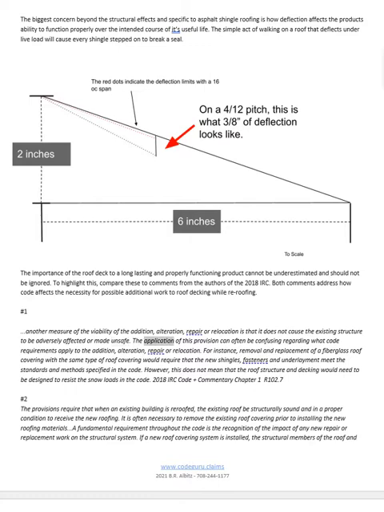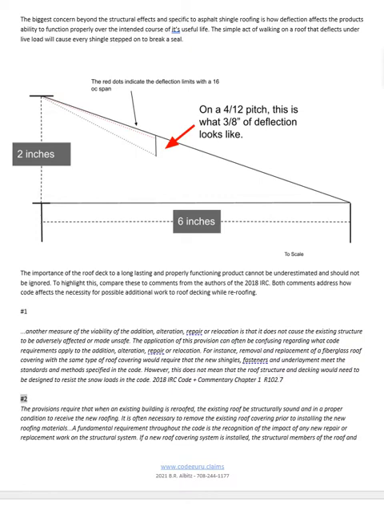The application of this provision can often be confusing regarding what code requirements apply to the addition, alteration, repair or relocation. For instance, removal and replacement of a fiberglass roof covering with the same type of roof covering would require that the new shingles, fasteners and underlayment meet the standards and methods specified in the code. However, this does not mean that the roof structure and decking would need to be designed to resist the snow loads in the code. 2018 IRC Code Plus Commentary Chapter 1, R102.7.